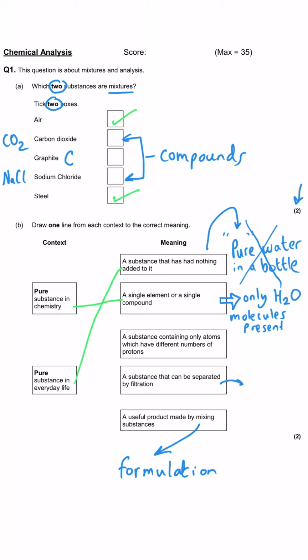And similarly in the sort of separating mixture ballpark with filtration, which is where you remove an insoluble solid from a liquid. And the only one really that doesn't have any meaning is the middle one, a substance containing only atoms which have different numbers of protons. So this final one is a decoy because if we change the word different to the same, then what we're describing is elements. And so elements might be confused for being pure. So that's a decoy. It doesn't actually have any meaning as it is written like that.